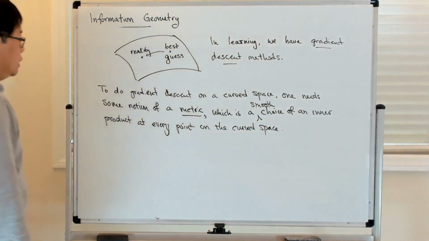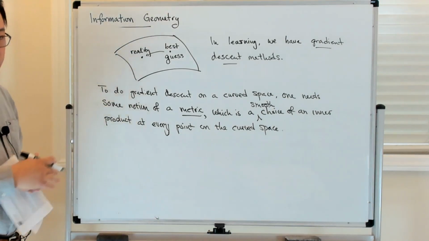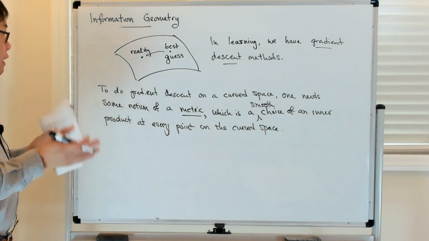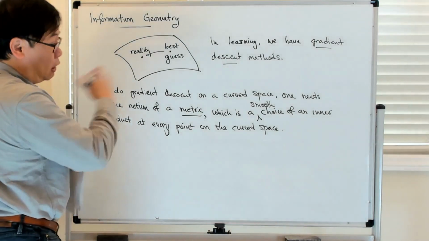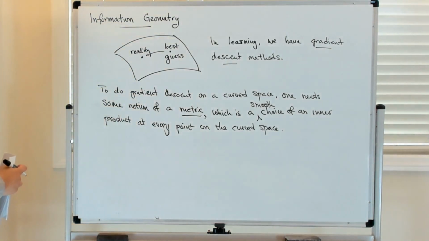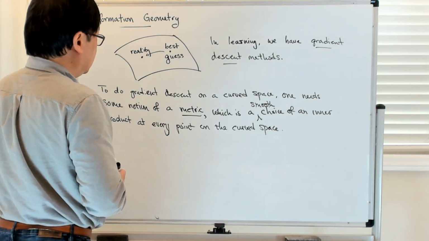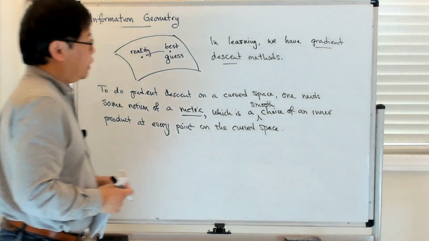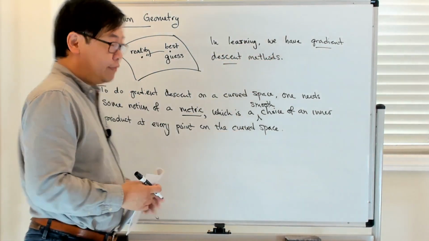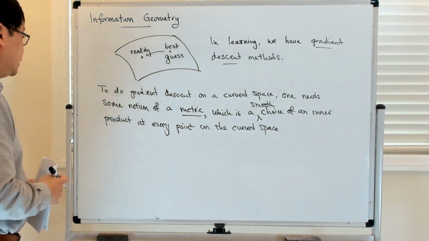That choice of an inner product at every point allows you to measure things like distances along some curve, for example. So if you have a metric, you can make sense of the gradient, and then you can talk about gradient descent methods.